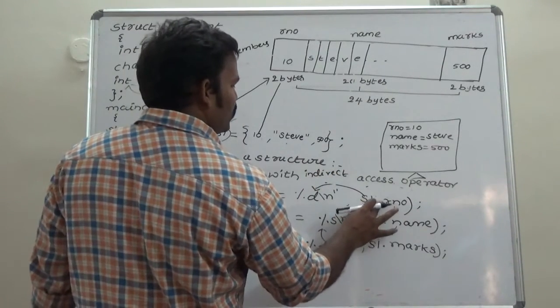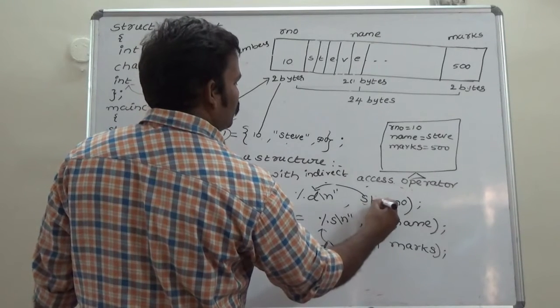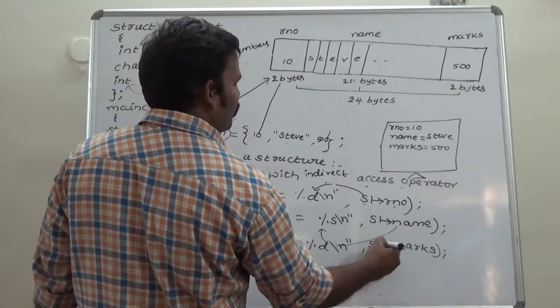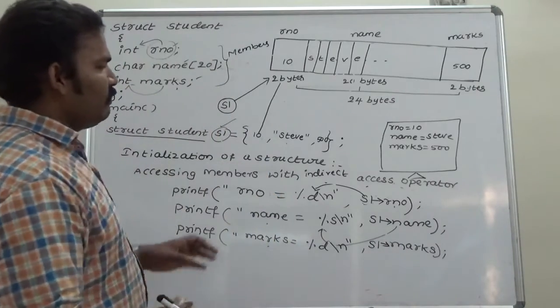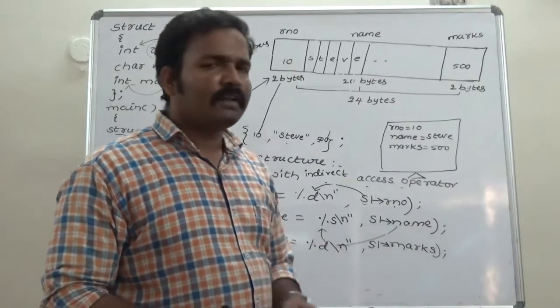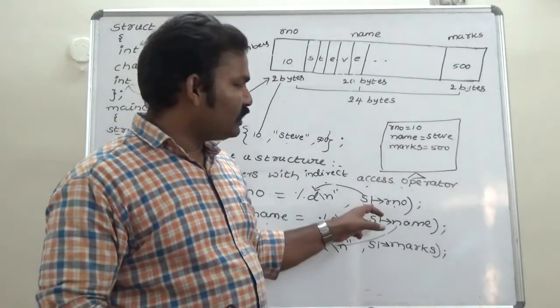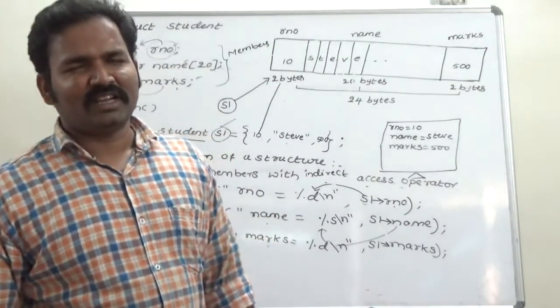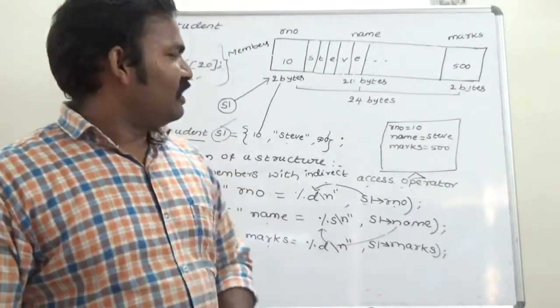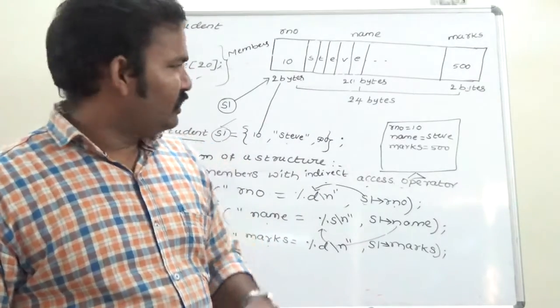Okay, so in place of direct access operator, here we use indirect access operator symbol. So here we are accessing structure elements by using pointer to structure. We are accessing elements by using pointers to structure. Okay, so clear?